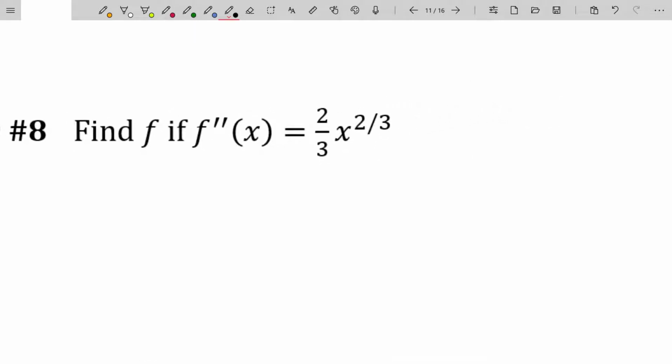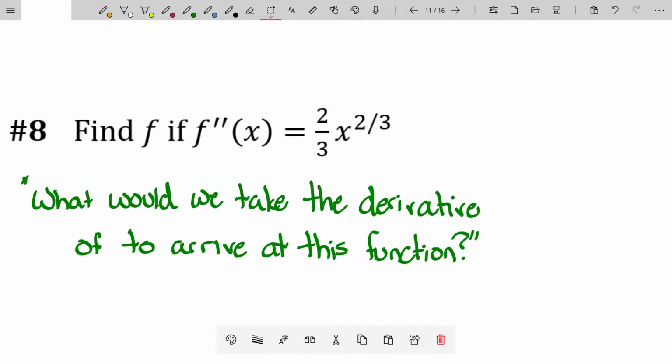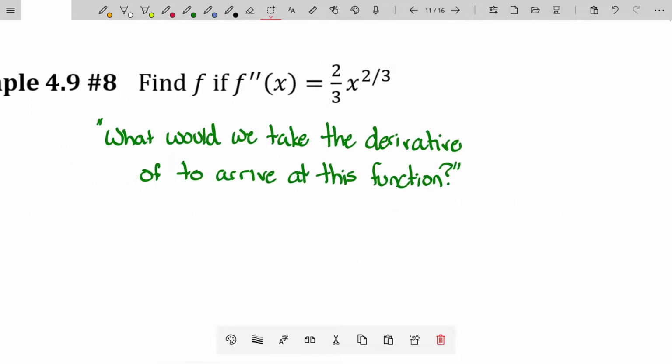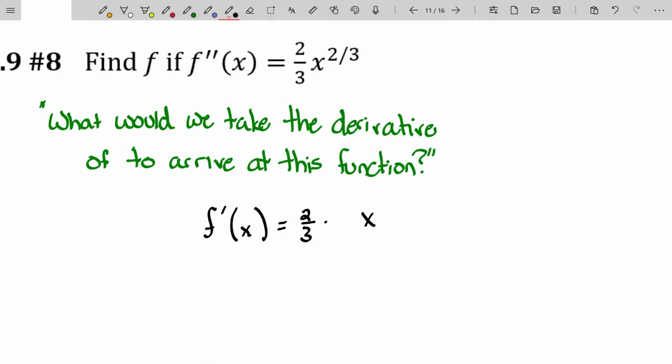So again, we'll ask ourselves, what will we take the derivative of to arrive at that function? Well, we would take the derivative of f prime first of all. So f prime of x is equal to, we're going to have this 2/3 hanging here, and then we're going to have times x raised to the add 1 to that power, so raise the power by 1, so now it's x to the 5/3, and we're going to multiply the front end by the reciprocal of that new power.